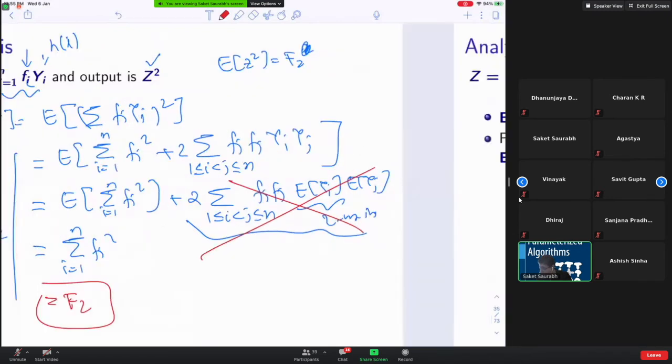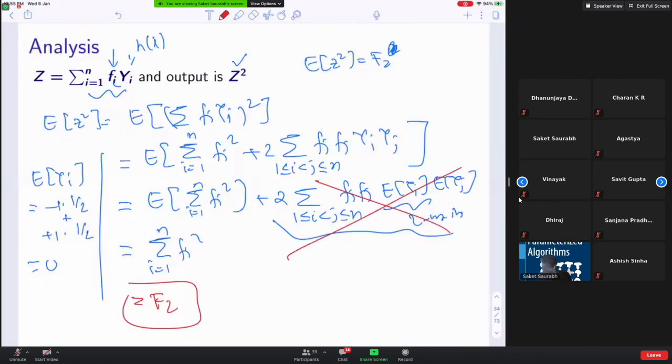All good? Using these pairwise independent hash families, we can do a lot of things. Of course, there are a lot of things which we can't do. Anything which depends only on limited independence, we can do.